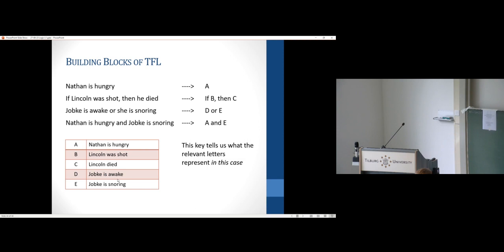That's slightly tricky, but this is the first step. And the key to this first step is to just make a symbolization key. Line up the representations, the capital letters, with the relevant natural language sentences. That's the first step. The rest of it's all just smoke and mirrors.